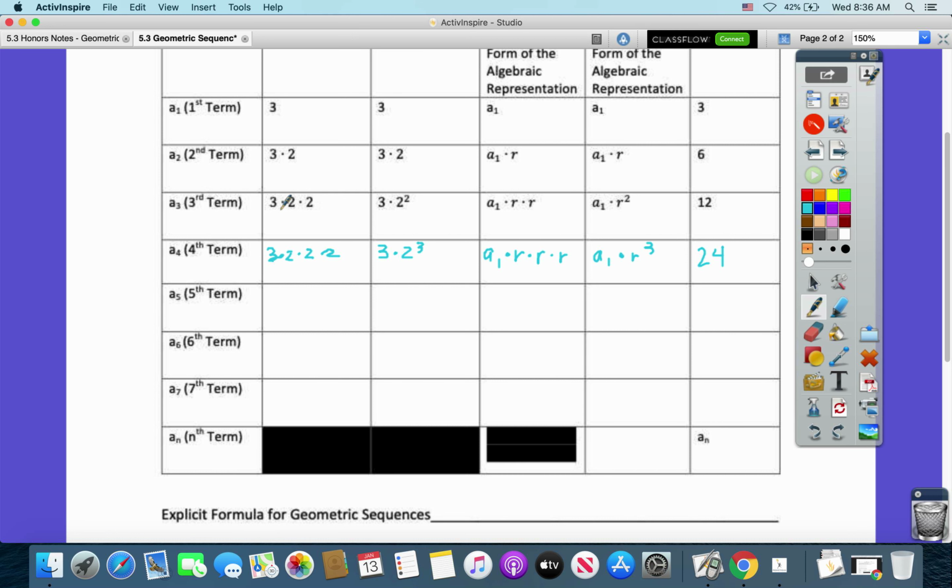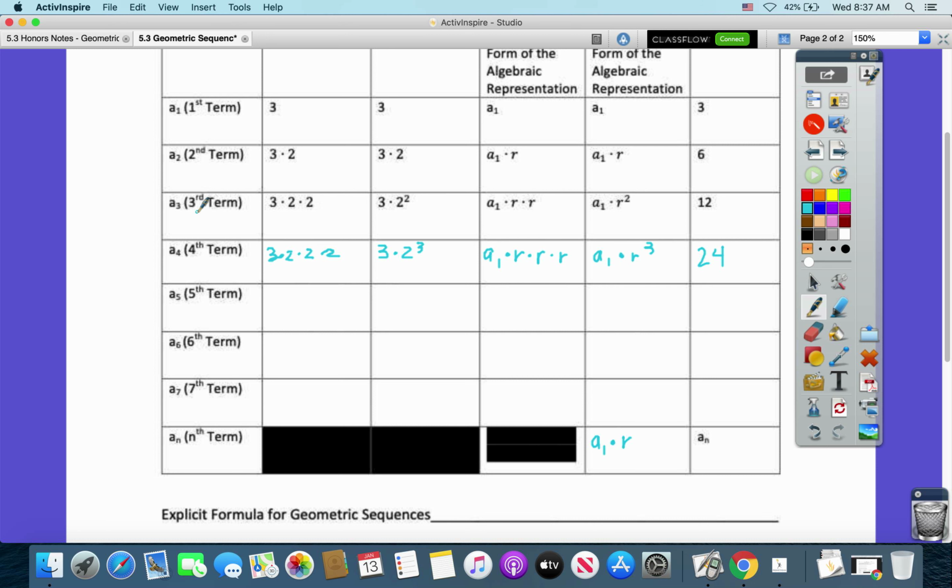Okay, so again, if you need to continue filling this out to see the pattern, you can go for that, but we know, based on last time, we can generalize what is happening. So to find any term in our sequence, that nth term, all we're doing each time is taking the first term and we are multiplying by the common ratio. And to get the fourth term, we multiplied by that common ratio 3 times.